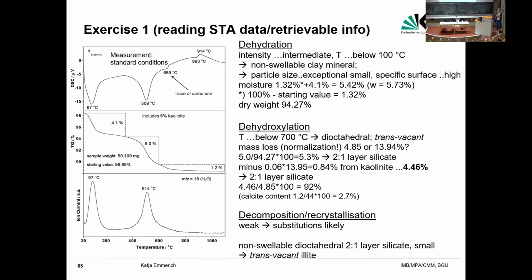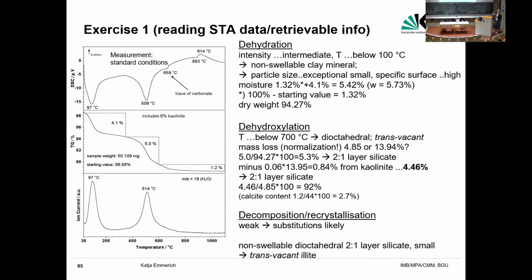So you have a larger surface area that can be covered by water molecules. So again, we have a non-swellable clay mineral. The dehydroxylation temperature is below 600 or 700 degrees Celsius, so dioctahedral. Again, a dioctahedral clay mineral.